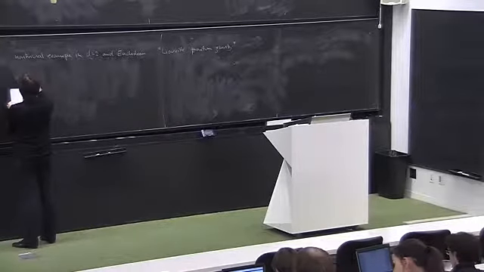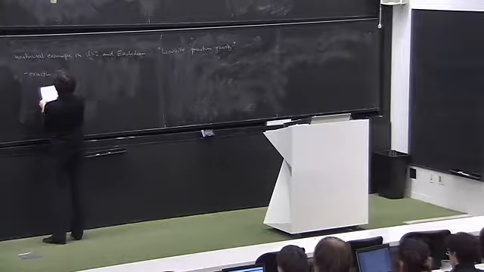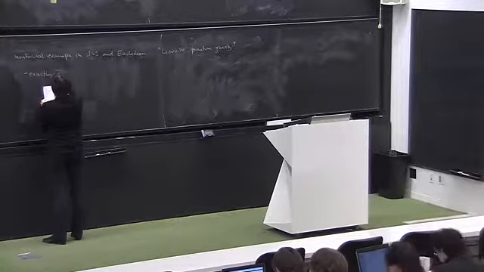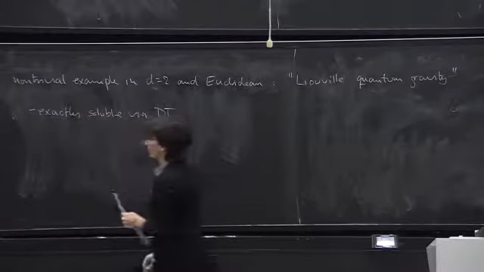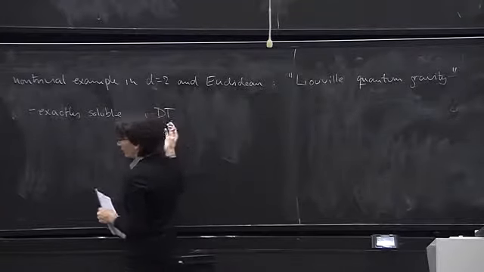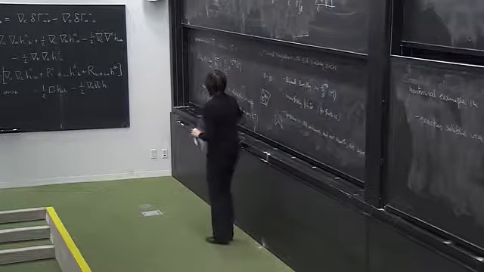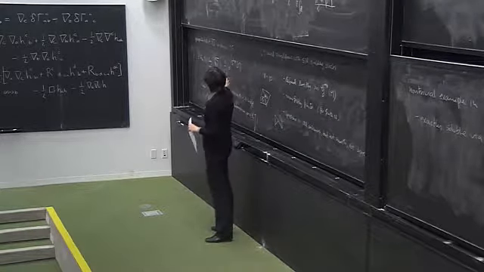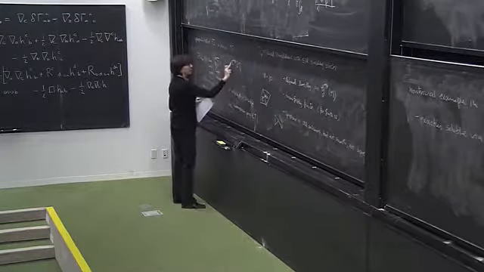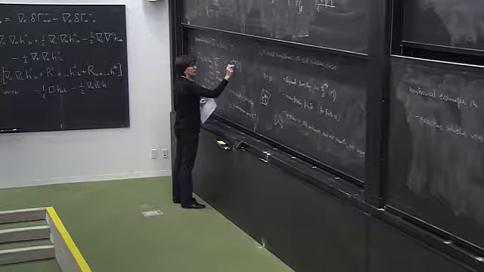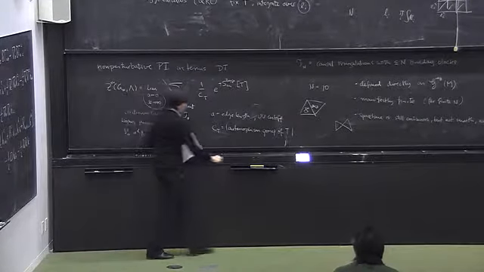On the one hand, you can exactly solve this by the methods I just explained to you, so it's exactly soluble by dynamical triangulations. And in this case, you have another nice way of rephrasing. Now we have Euclidean geometry, so there would be a minus sign, and this would be a Boltzmann sum in 2 dimensions.